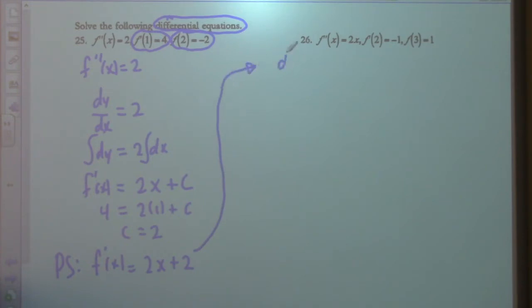So I'm going to put dy dx up here equals 2x plus 2, and then put the x on the other side. Yeah, dx. So we have dy equals 2x plus 2 dx.